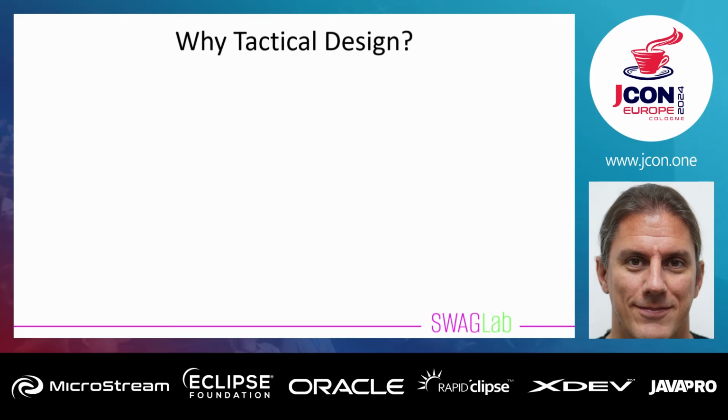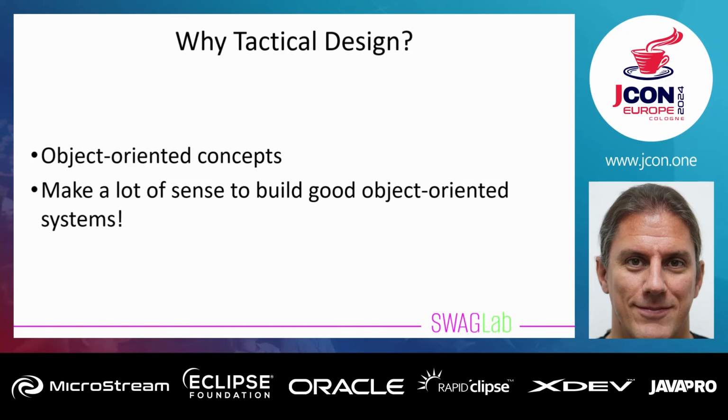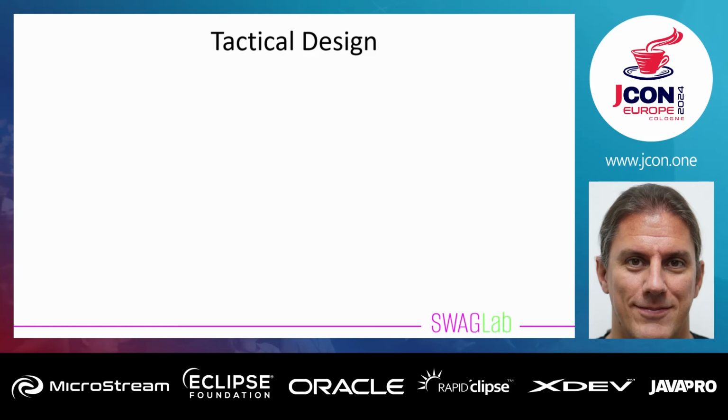It's object-oriented concepts which actually make a lot of sense, in my opinion, to build good object-oriented systems. So how does that work? There are quite a few patterns, and I've put them in a hierarchy. Stuff in the bottom can be used from stuff above it, but not the other way around. So it's sort of layered.